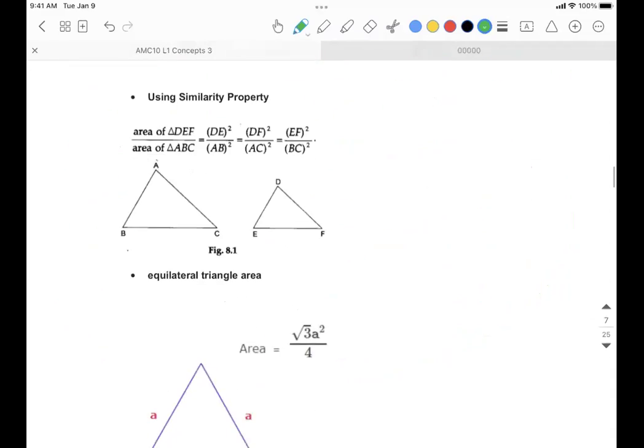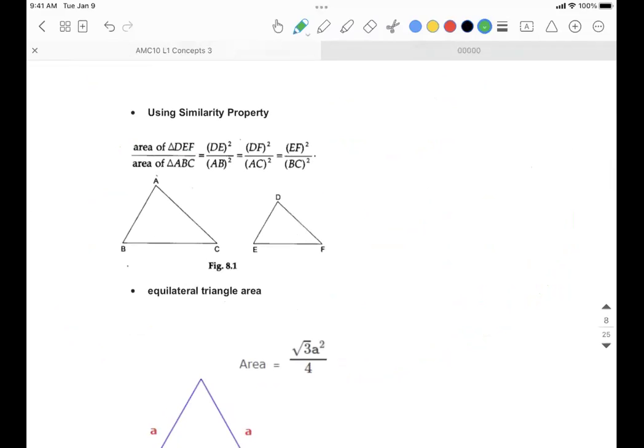Another thing I want to tell you, which is also very important, trust me, they test it every other year: using similarity, you can also determine the area.